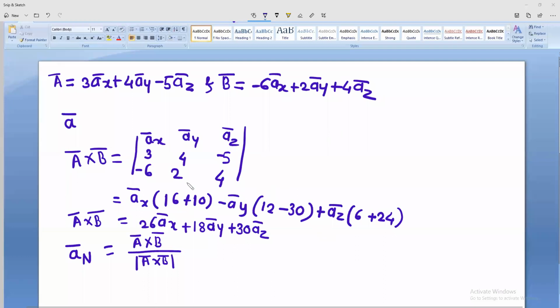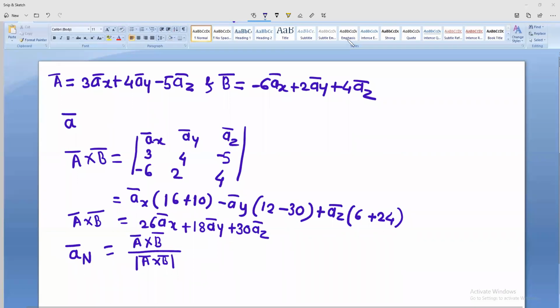Because only in the cross product are we giving direction. We are using the unit vector a bar n, and dot product is a scalar quantity, right? That's why we cannot use a unit vector.